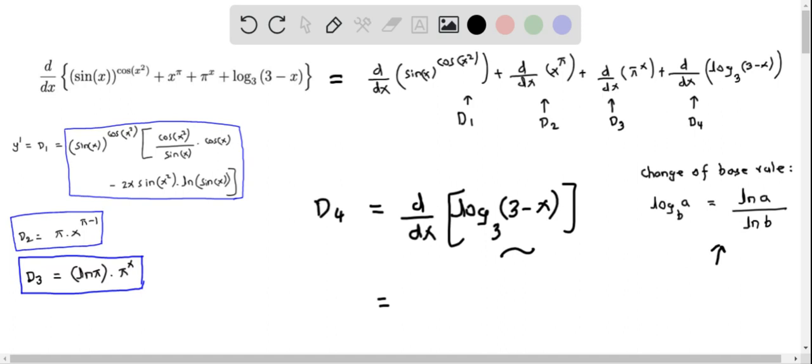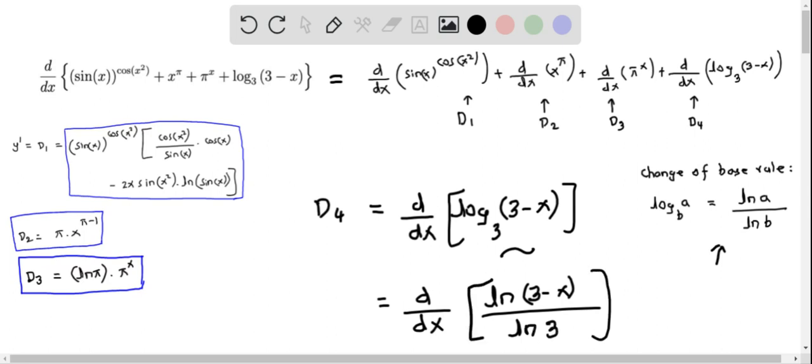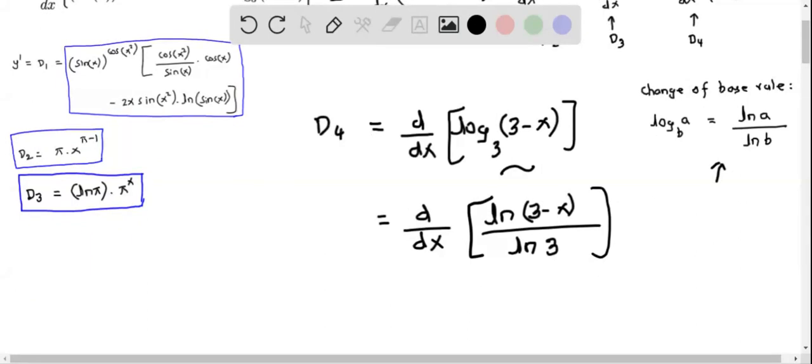That is, if we have log a to the base b, this could be written as natural logarithm of a over natural logarithm of b. So therefore, this will become d by dx of natural logarithm of 3 minus x is the a, over natural logarithm of b, where b is 3 here. So it becomes a over natural logarithm of b.